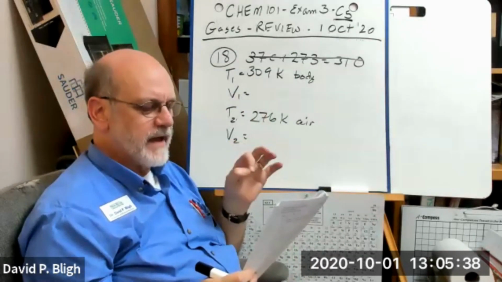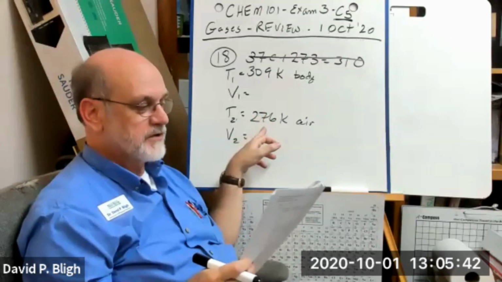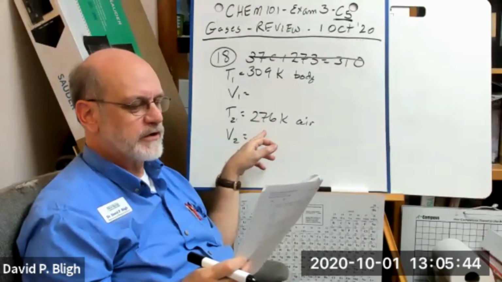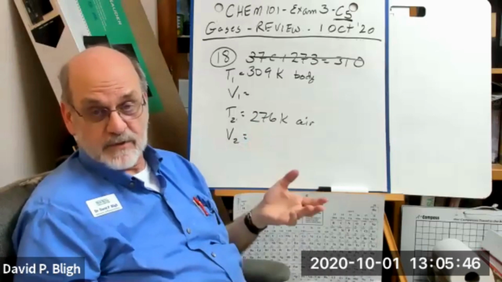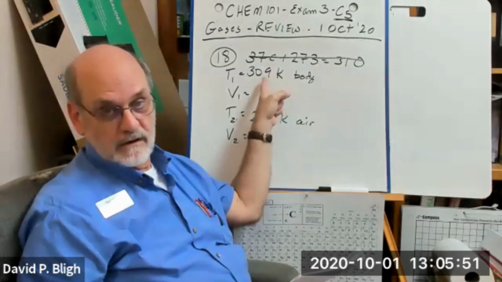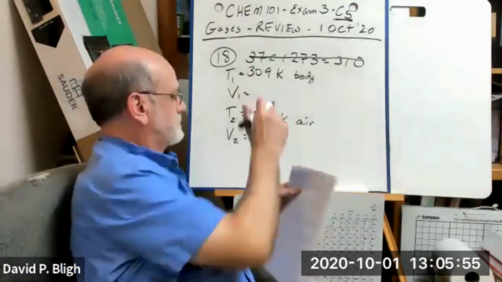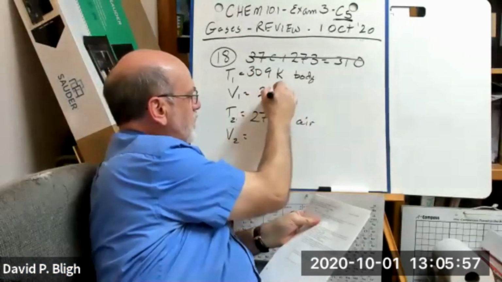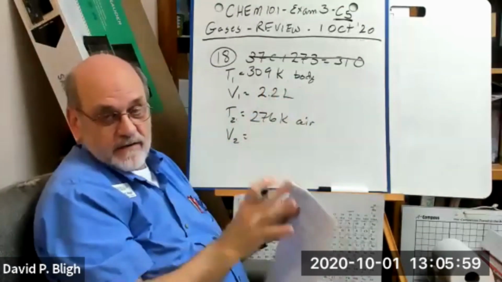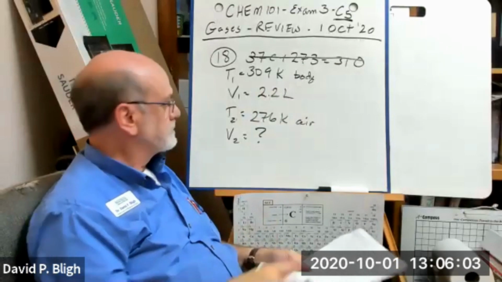What temperature is the lung capacity? It's that temperature. 2.2 liters. Now we've got everything in its proper place, and we solve for that one.